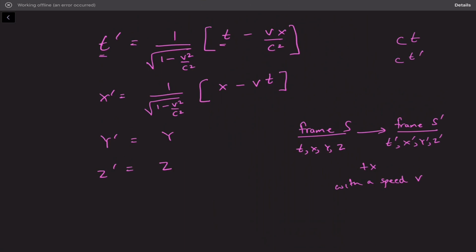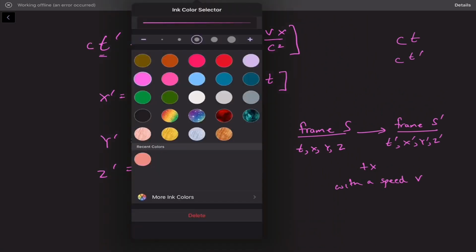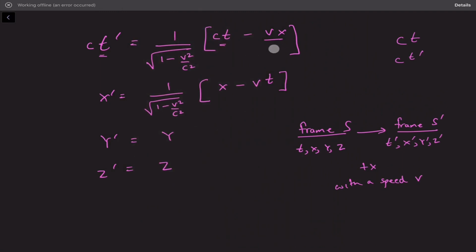So with that change, we will just multiply this equation on both sides by c. And in this equation, we will also write t as c times t.